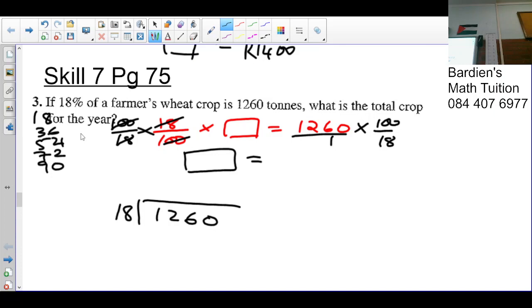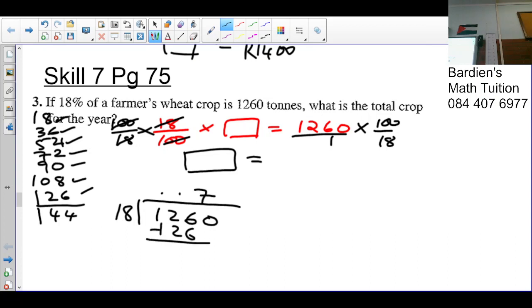So add another 18, it's going to be 108, plus another 18 is 126, plus another 18 is 144, and so on. So can 18 go into 12? No. Can it go into 126? Yes. How many times? 1, 2, 3, 4, 5, 6, 7 times. 7 times 18 is 126, minus, 0.